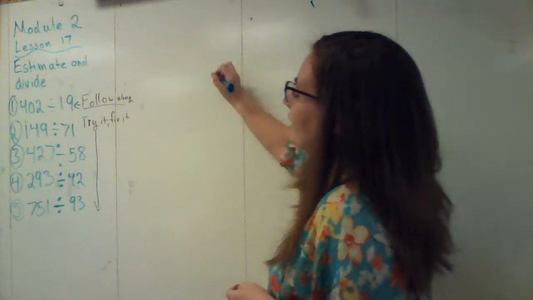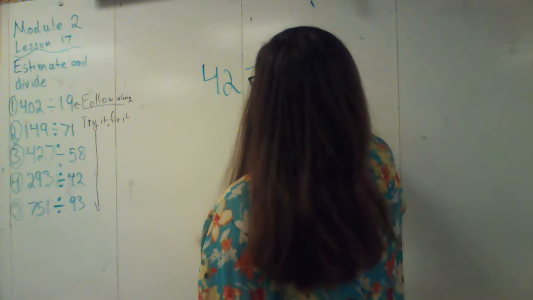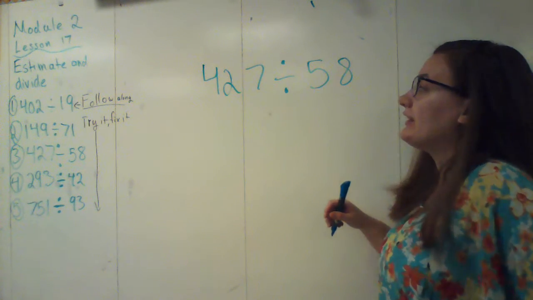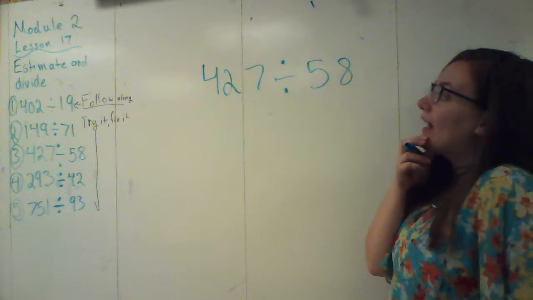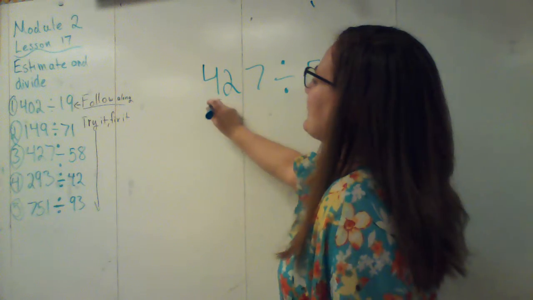So my next set of factors is 427 divided by 58. Now, for this one, I'm going to look at these and think, do I see anything that looks like a factor? When I look at this, I see that number 42.